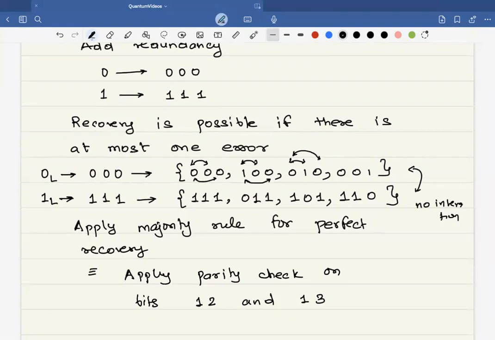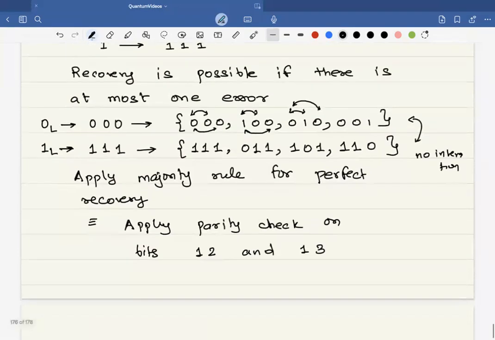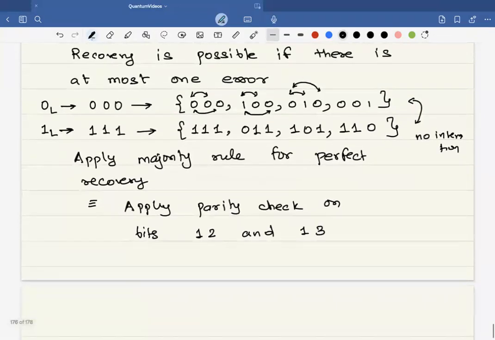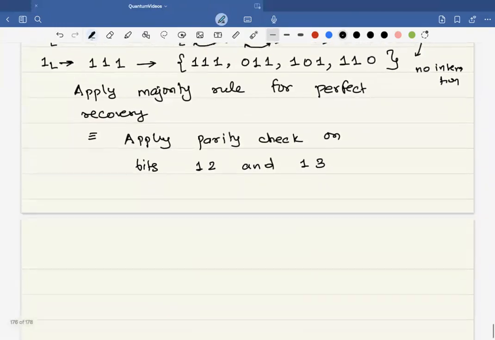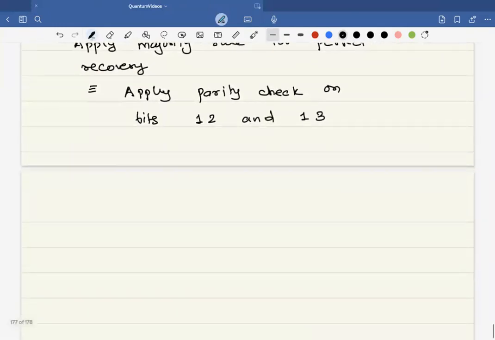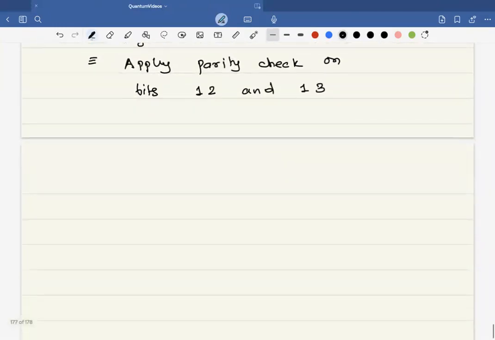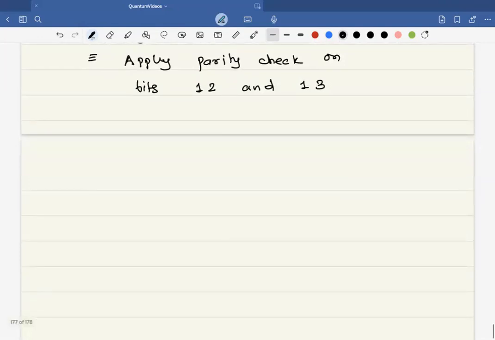All right, so let's look at the circuit that we will build to do this error correction. The circuit first consists of an encoding. We have a bit over here. The encoding circuit is one that encodes the 0 into a 000 and 1 into a 111.